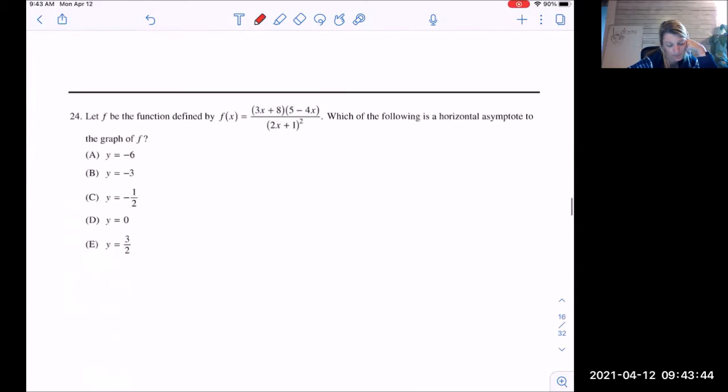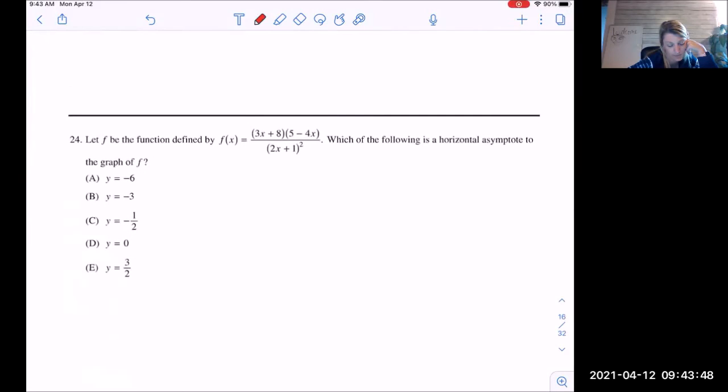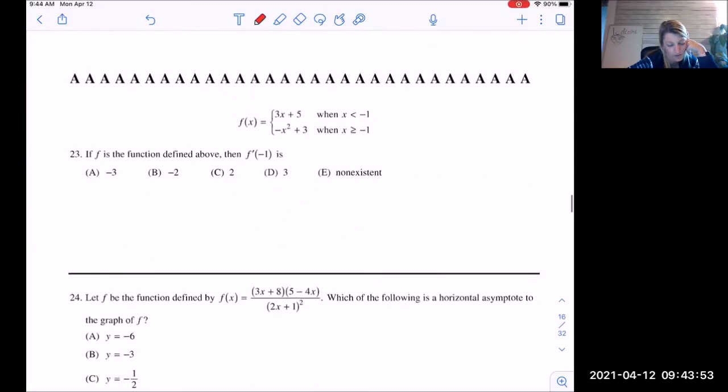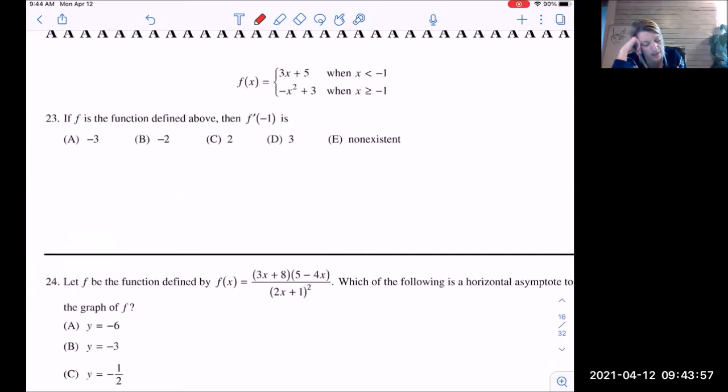What else? I feel like we didn't do a whole lot of these with the piecewise, but it's really easy. F prime is -1. That means we're using this one because that's where F is -1. So F prime of X for there is -2X.